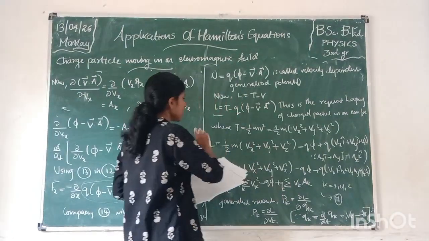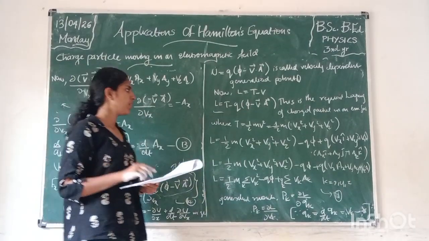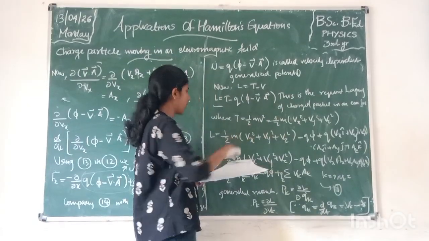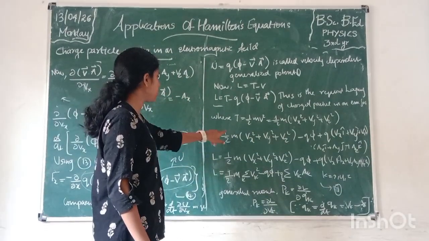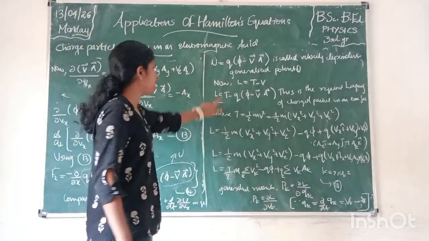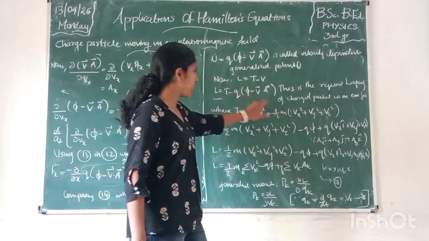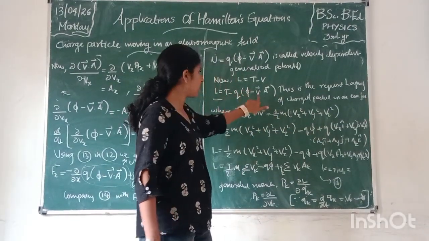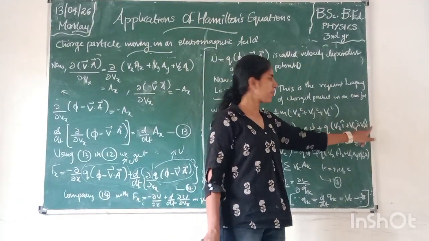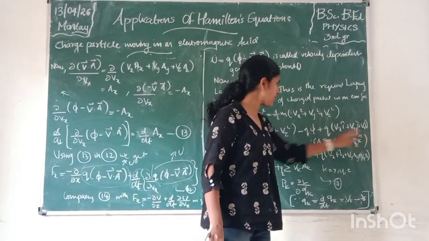Where K is equal to half mv square, where v square is equal to vx square plus vy square plus vz square, and L is equal to half m into vx square plus vy square plus vz square, minus q phi plus q into v·A for the vector v, vx square plus vy square plus vz square, and A is Ax square plus Ay square plus Az square.